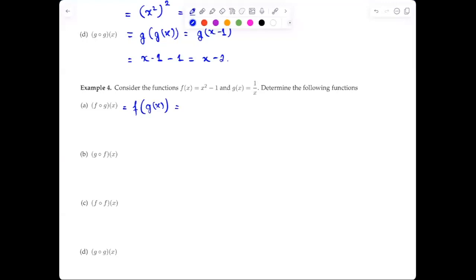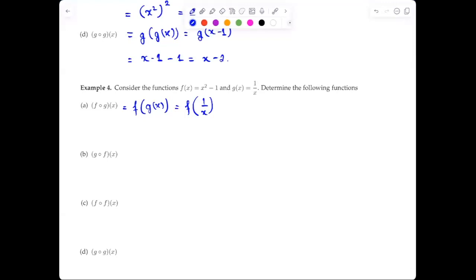In this case, g of x is equal to 1 over x. So you want to calculate f of 1 over x. You have f of x to be x squared minus 1. You take out the x and you replace it by 1 over x. That's what you got. All right.